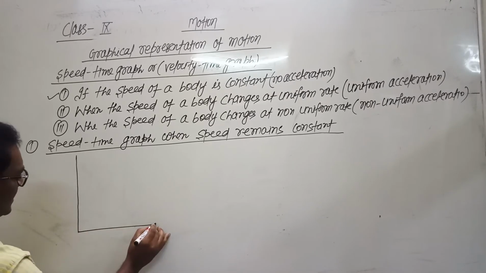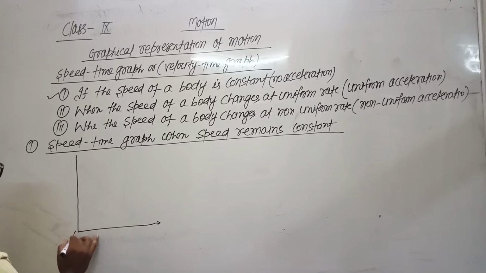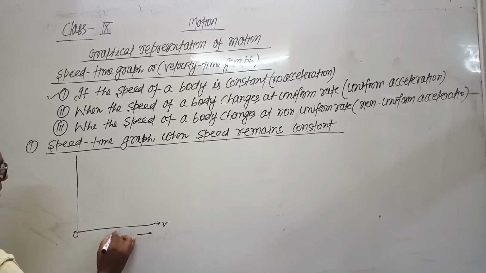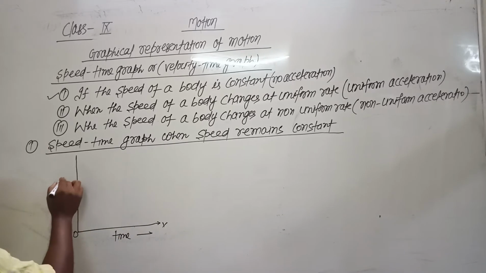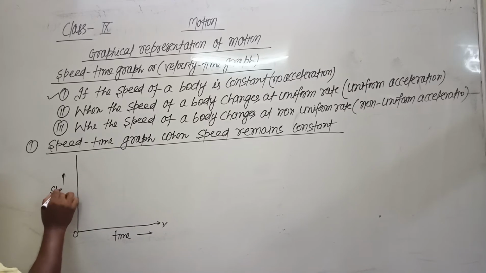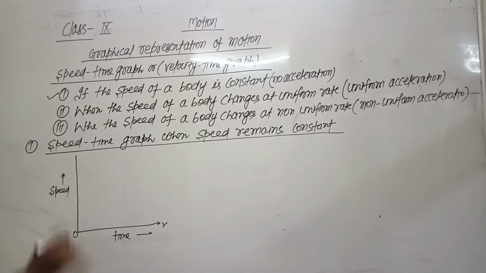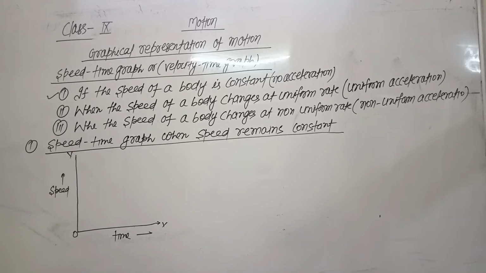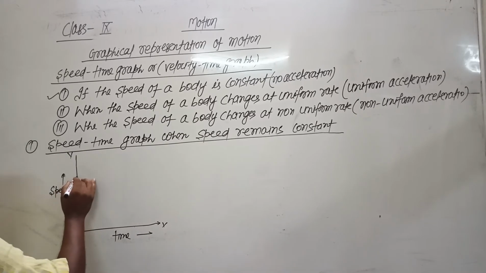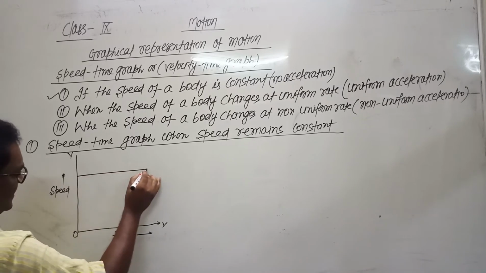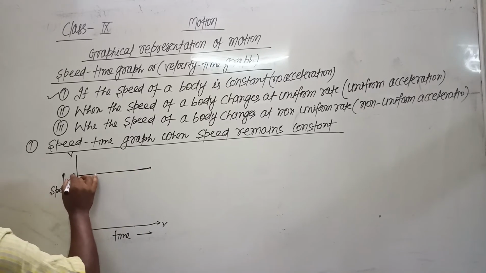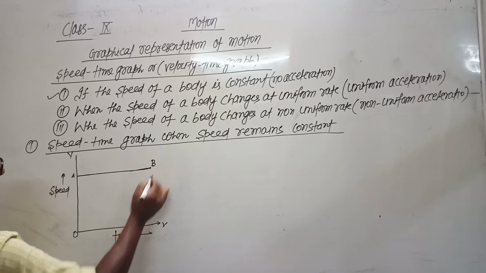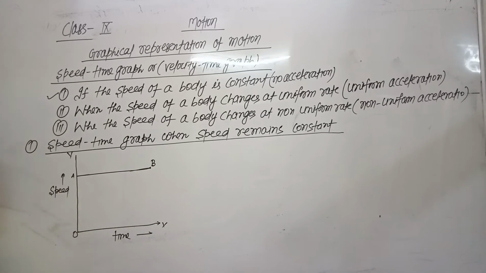Time is always taken on the x-axis and speed or velocity is taken on the y-axis. So when the speed remains constant, its graph is a straight line parallel to the time axis.